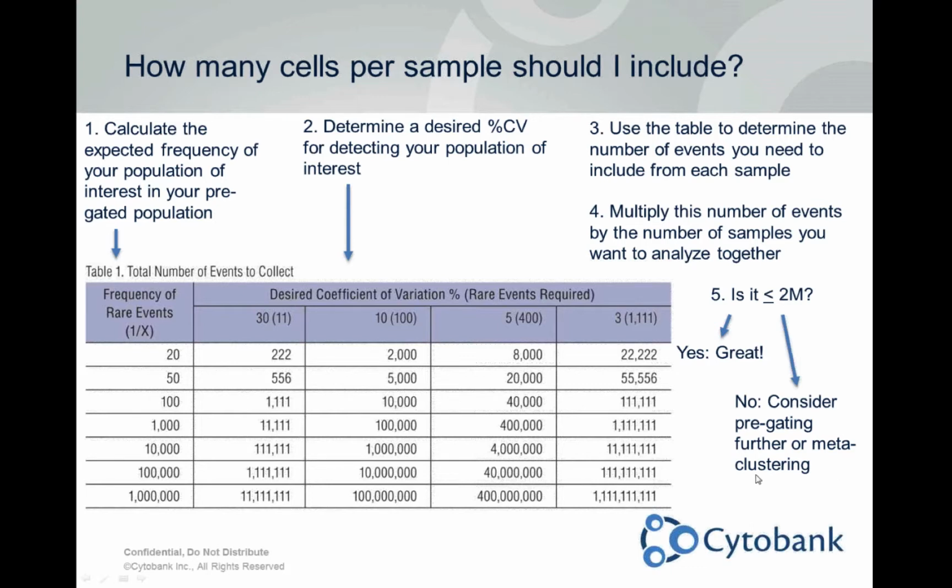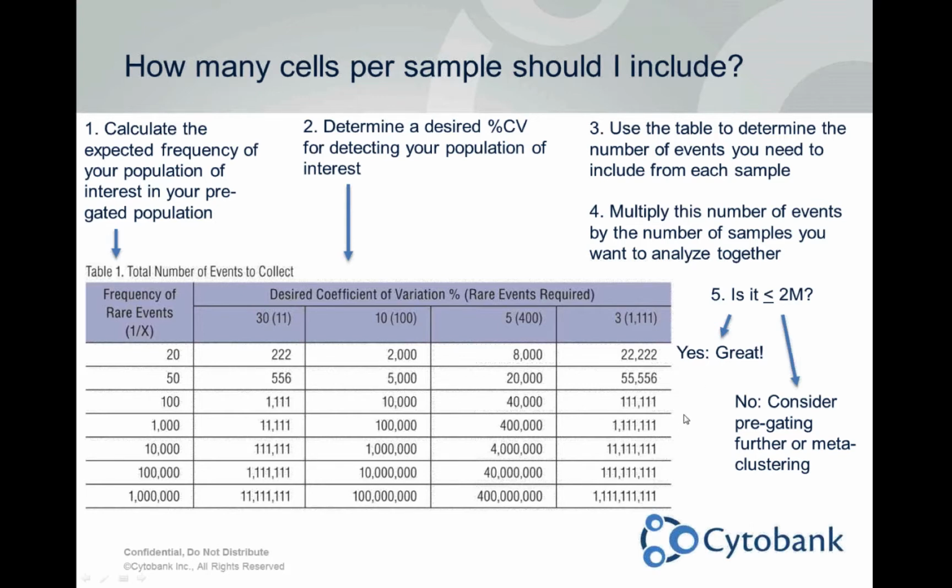This is a workflow that's not available in Cytobank, the software alone, but is offered by our consulting services. I'll have some contact information up at the end about how to get in touch and start talking about this workflow and how we might accomplish that for you. But just keep that in mind. It is possible to do larger scale comparisons if you need more than 2 million events.